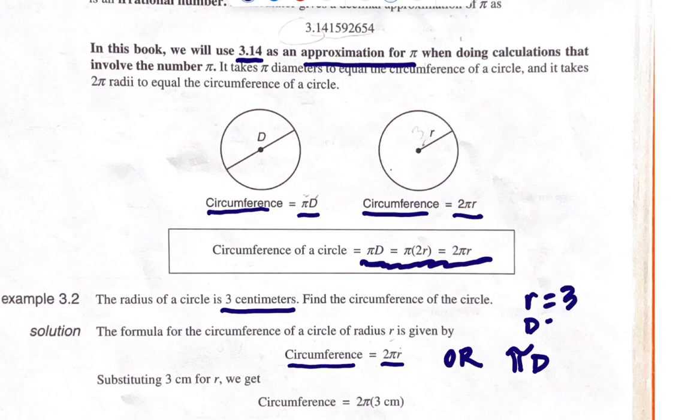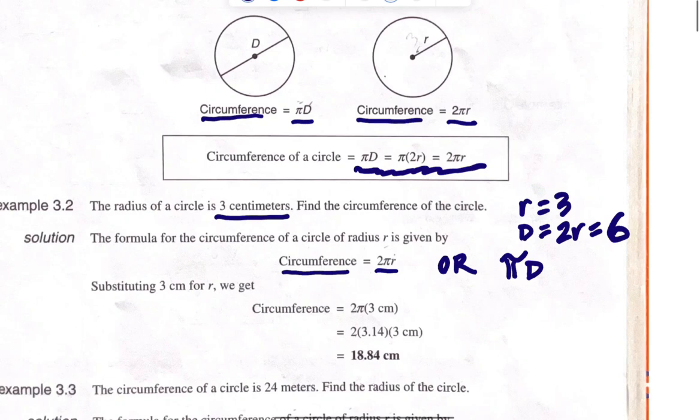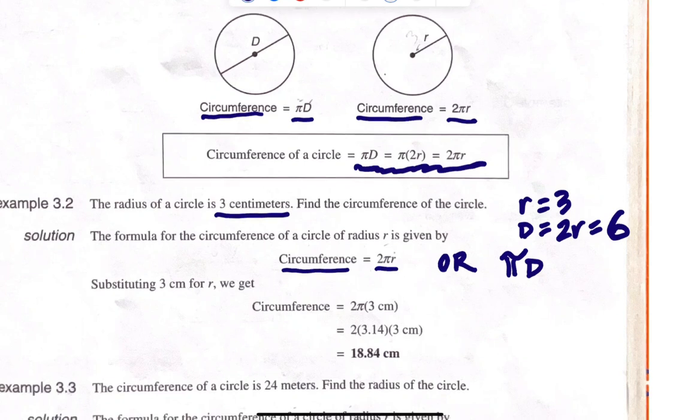Therefore, the diameter is going to be 2 times the radius, which is 2 times 3, or 6. So we can calculate this two ways so you can see that it works the same. If our circumference is 2 times pi times r, that's going to give us 2 times 3.14 times 3, which is equal to 18.84 centimeters.